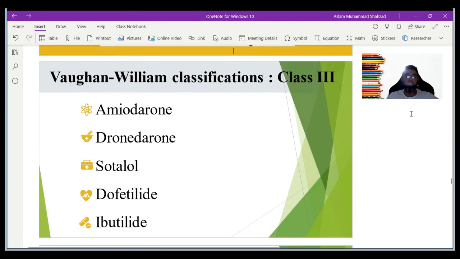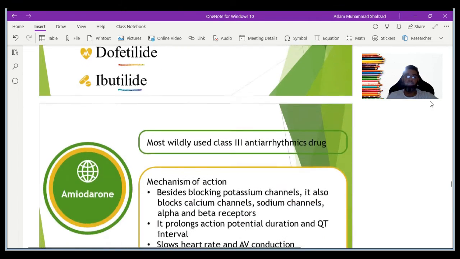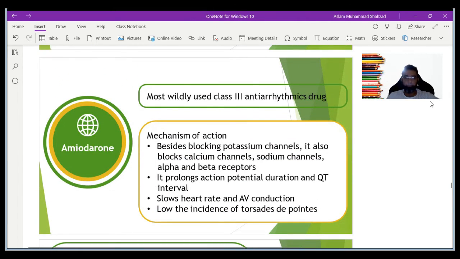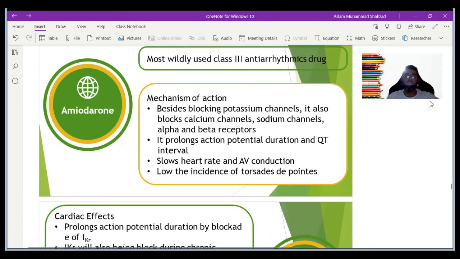So when we have class 3 drugs like amiodarone, dronedarone, sotalol, dofetilide, or ibutilide, they belong to class 3 drugs. When we talk about amiodarone, which is the most used class 3 antiarrhythmic drug, it blocks the potassium channels.